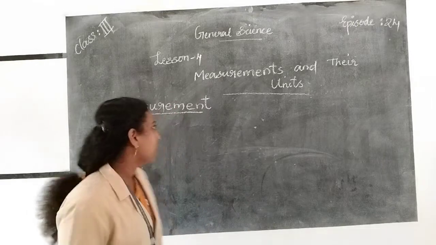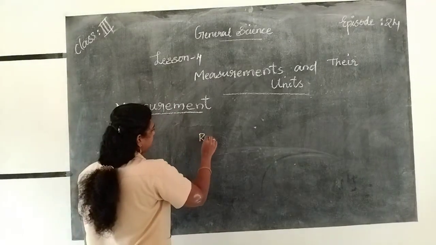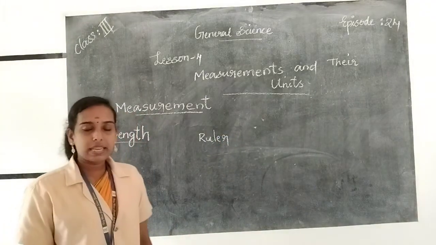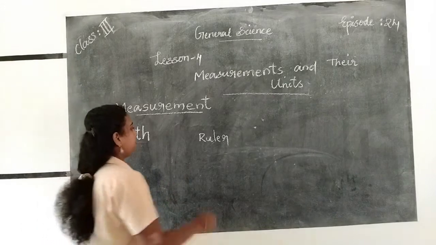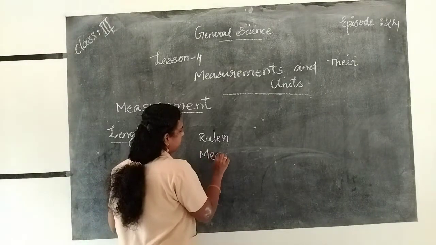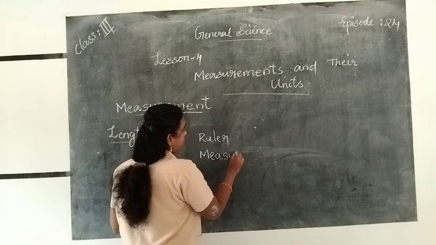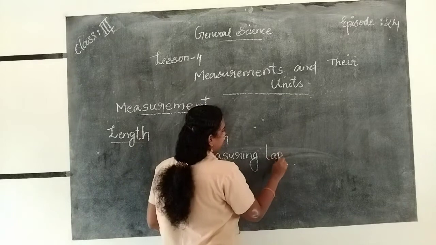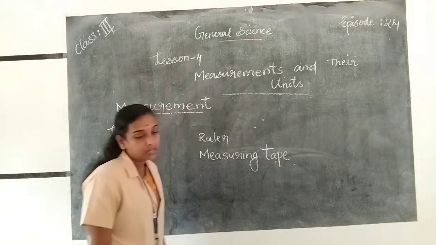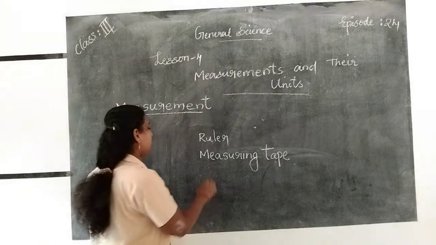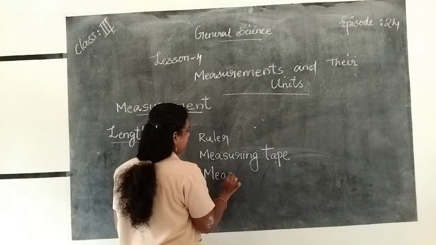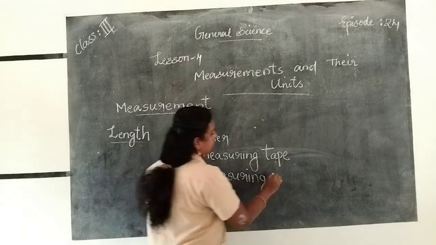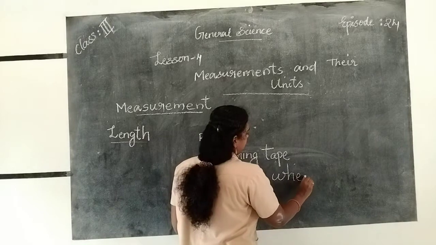That is, ruler, R-U-L-E-R. For measuring length, we use instruments like ruler, measuring tapes, and measuring wheel, W-H-E-E-L.